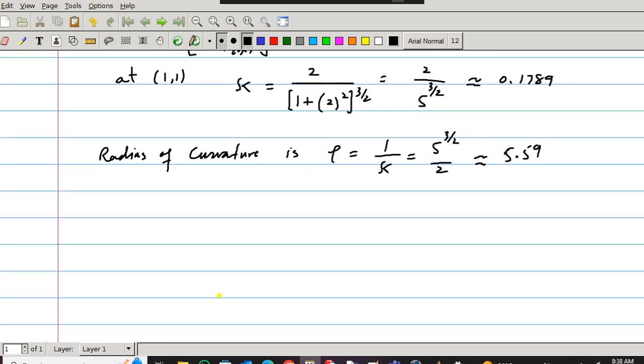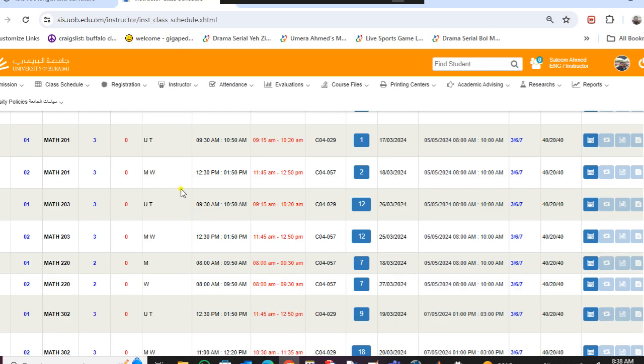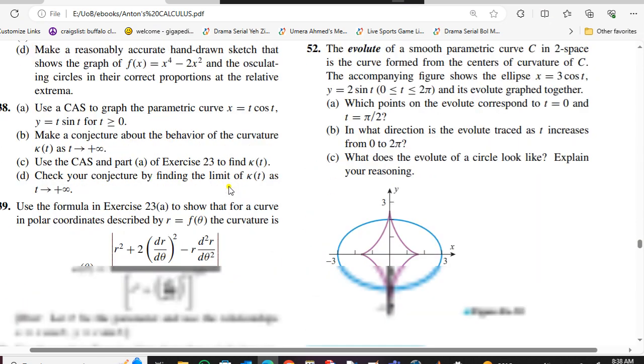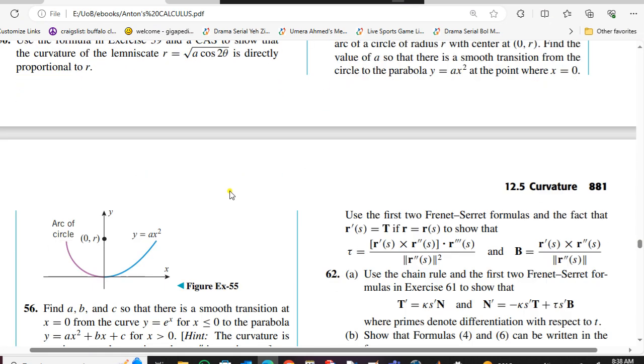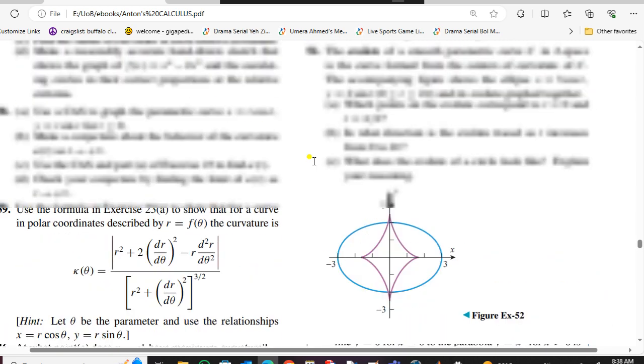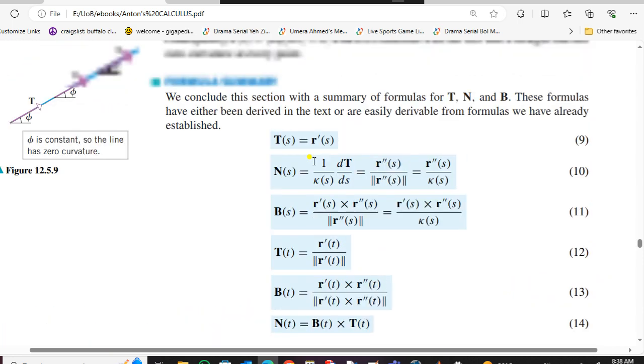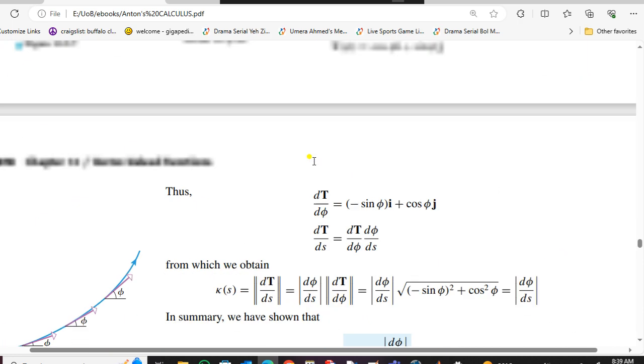So that's it. If you look at the book, they define curvature in a very difficult way, so I just don't want to do that. They did it using calculus 2, the vectors basically. You see this topic, curvature, and if you look at the formula for the curvature in this section, it's a little difficult formula.